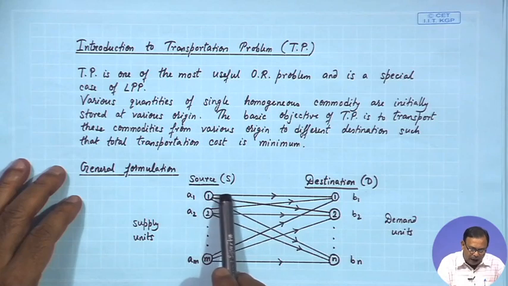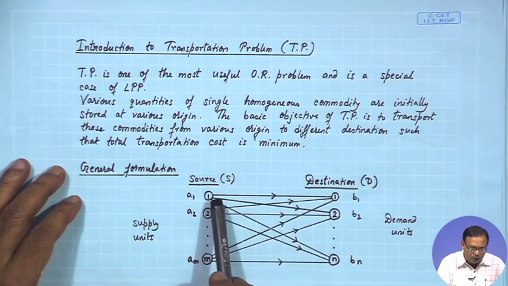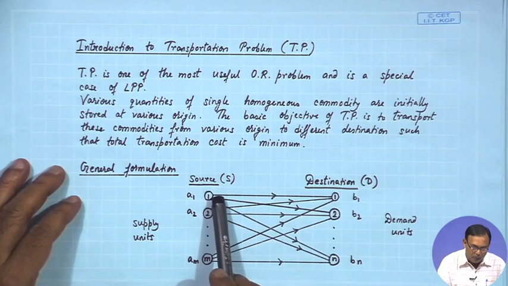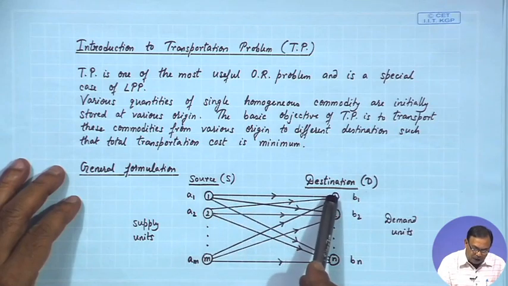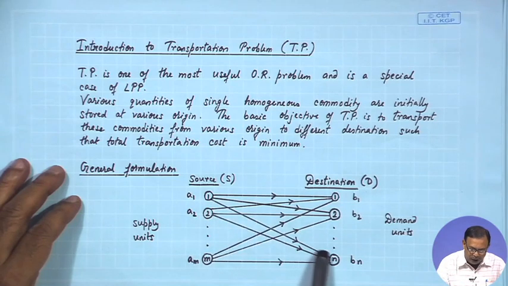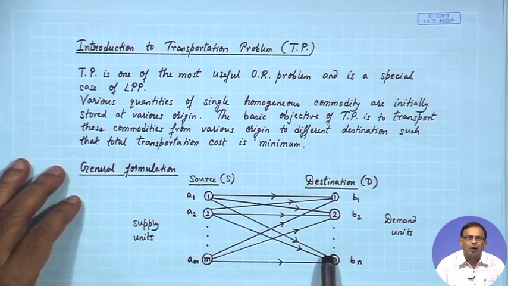If you see the arrows, from source 1, that is A1, I can transport to B1, I can transport to B2, and in this way I can transport to Bn. So, from one source I can go to any destination.